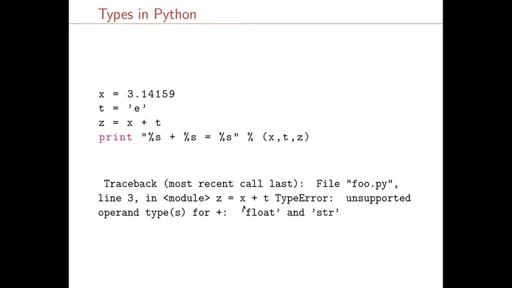So for Python, x here is a variable of type float, a floating point number, and e is a variable of type string. So it's a character array of length 1. And when we attempt to use the operation plus on x on the one hand and t on the other hand, Python throws an error and refuses to compute this result.